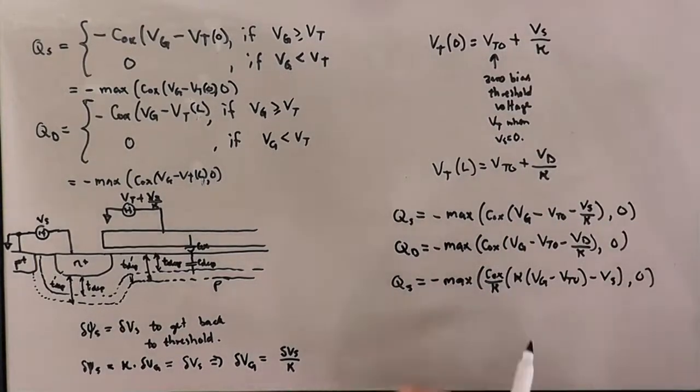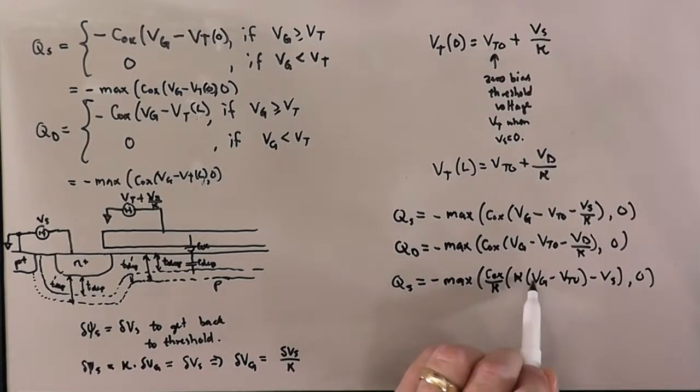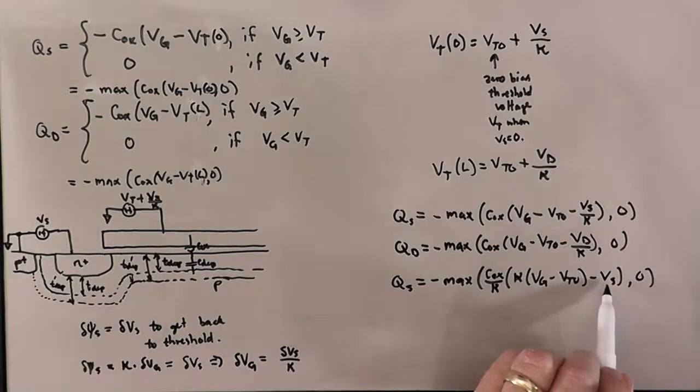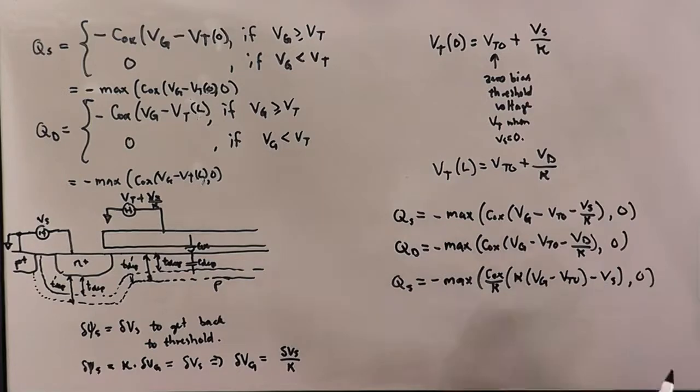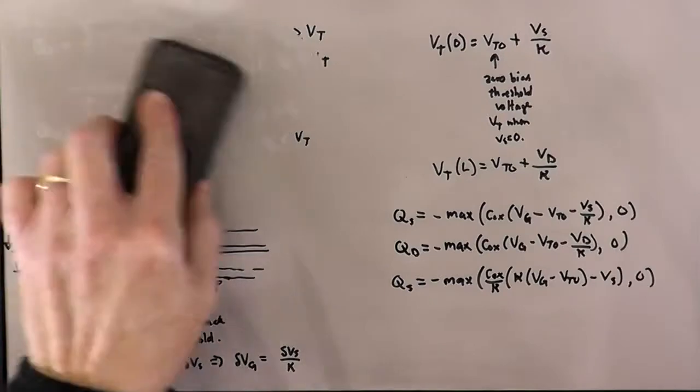We can do the same thing for the drain, but this is really just to get a kappa times Vg in here and no kappa on the Vs, because that is more similar to our weak inversion model. Running out of space here, so let's go back over here.